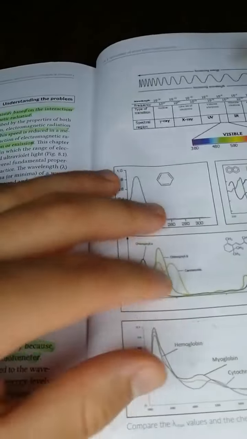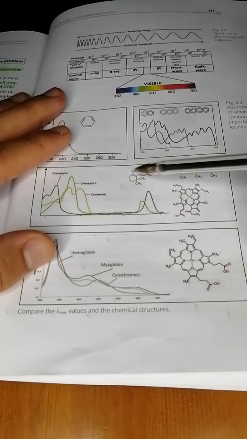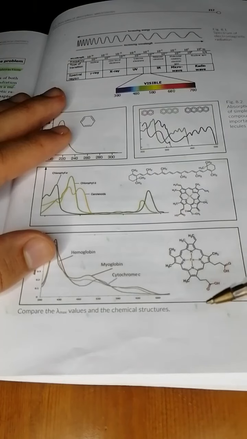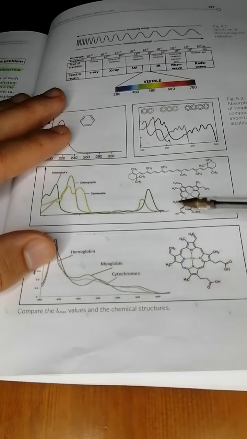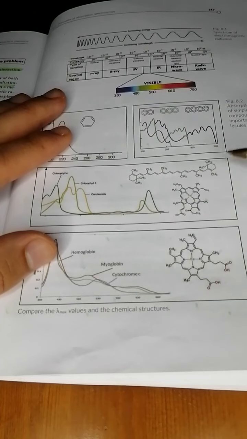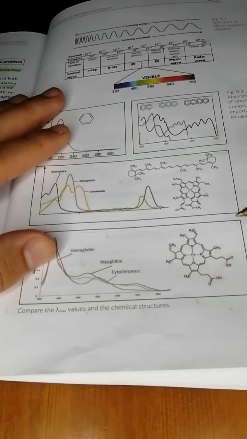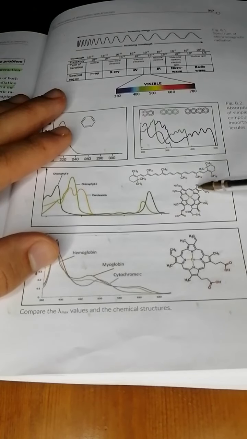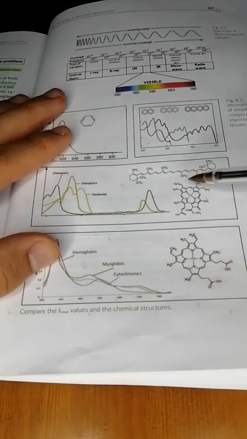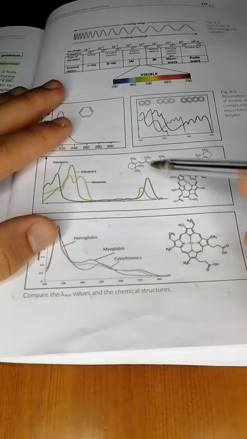So let's say you have this molecule, okay, you have a lot of bonds, you have some carbon-carbon double bonds, you have a ring over here, an aromatic ring, and certain structures, like let's say the rings, will absorb the electromagnetic radiation at certain wavelengths, okay?